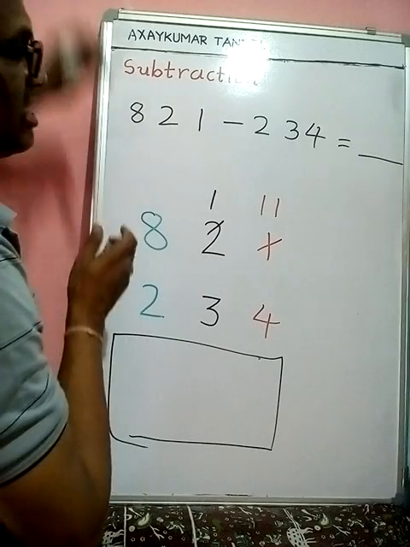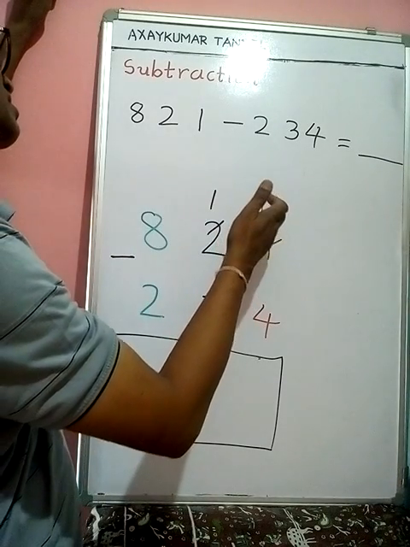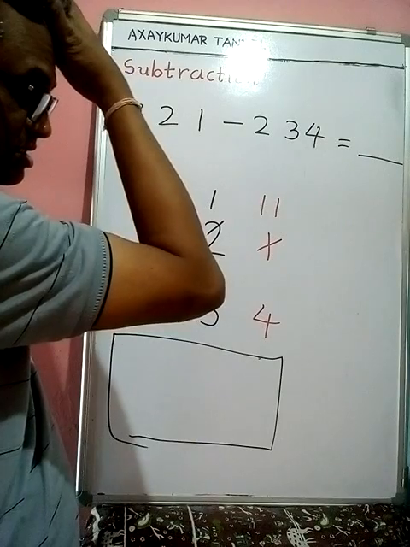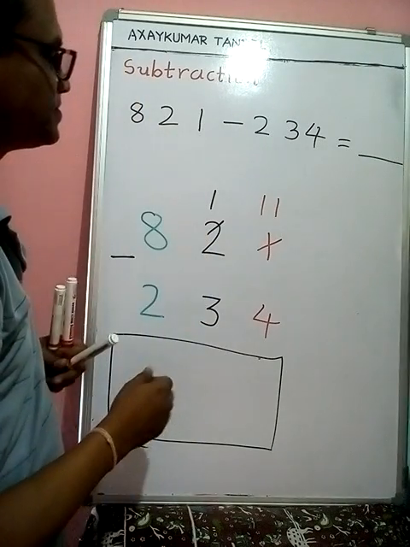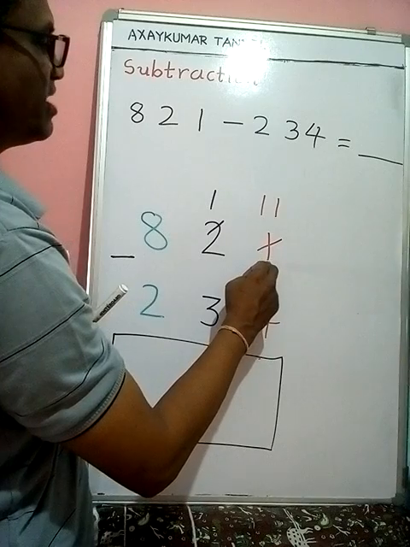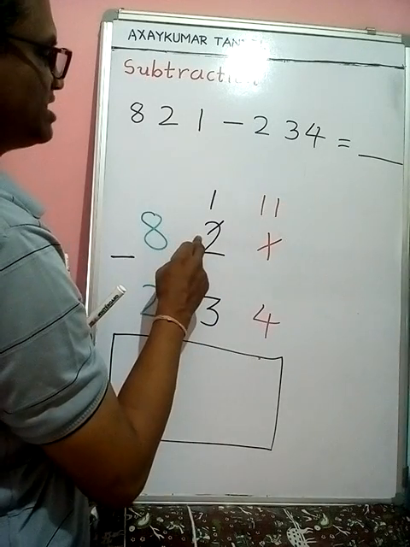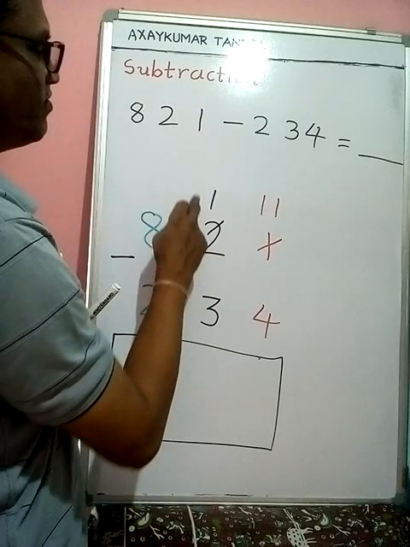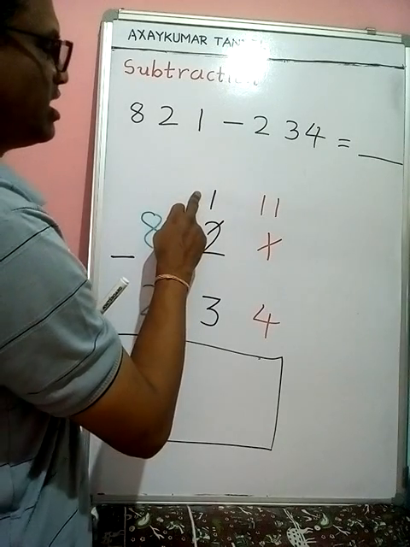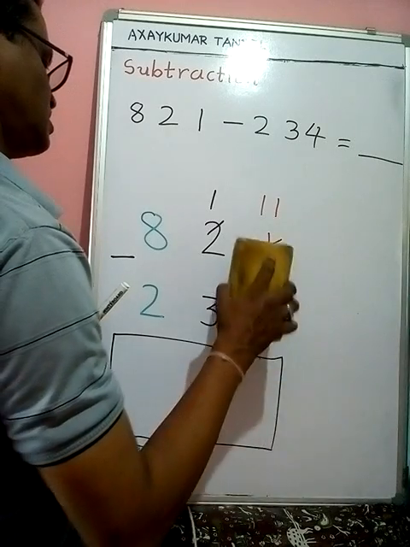It is very important to understand what condition is turning. 2 gives 10 to 1, 1 becomes 10 plus 1 is equal to 11, and 2 becomes 1 less, so 1. Okay. Now we do the other condition.